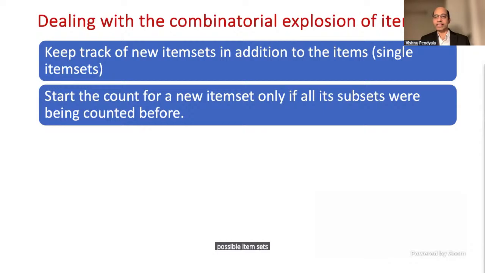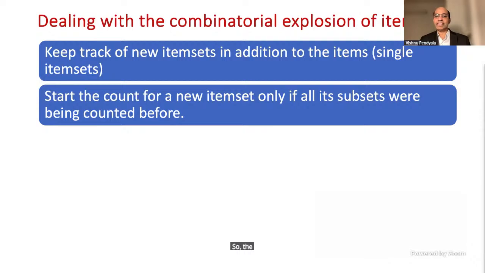So that is 1 million. 2 power 20 is 10 power 3 into 10 power 3, which is 1 million. So roughly 1 million counts are initiated if you just have 20 items in the basket. So that is what we are looking at.